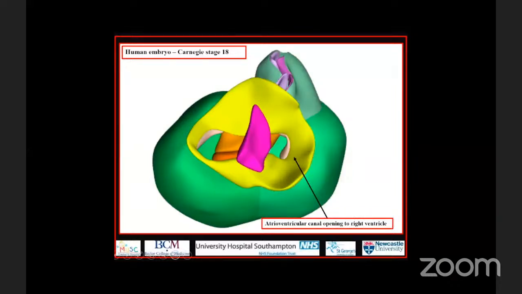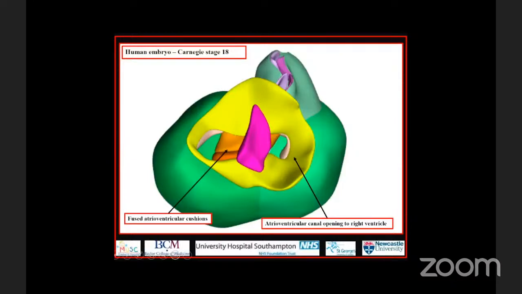But what I hope you now see is that we can look down through the right side of the atrioventricular junction, and we're looking directly into the morphologically right ventricle, because there has been normal expansion of that atrioventricular junction.